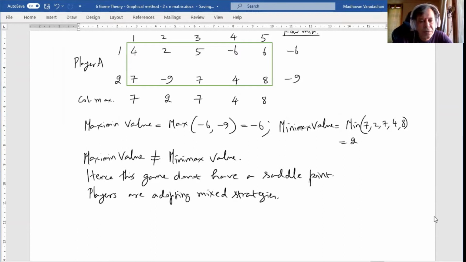The next step is to find out whether there is any dominance between the columns, because for rows we already have only 2 rows. So we'll check for dominance only for columns.